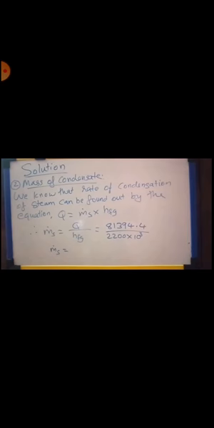I have to convert that into joule per kilogram. I get the value for m dot s as 0.0307 kilogram per second. That is 0.0307 into 3600 kilogram per hour. That is m dot s equal to 133.2 kilogram per hour. This is the answer.